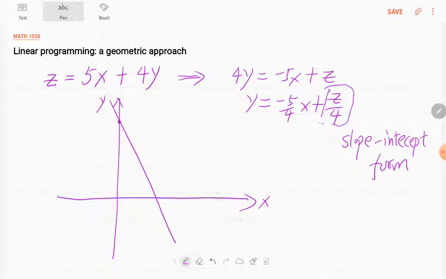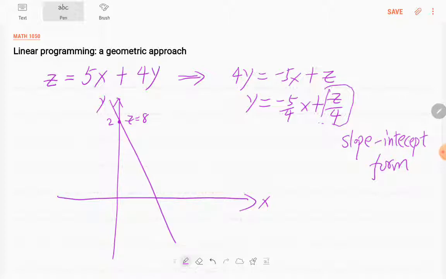If we take z equals 8, the y-intercept is 2, and this is the line you have.